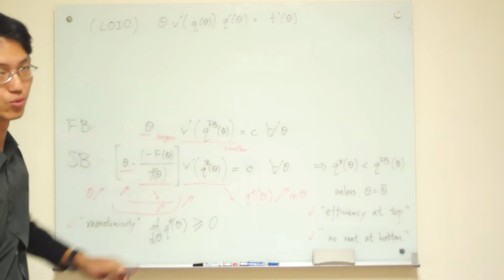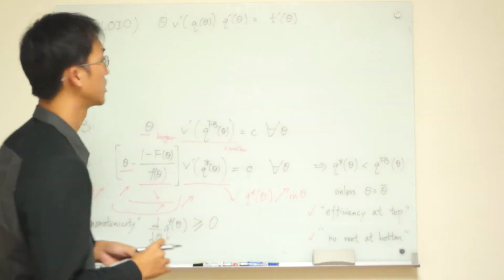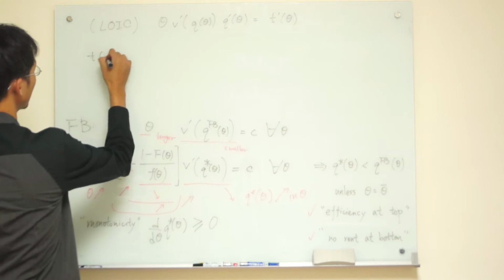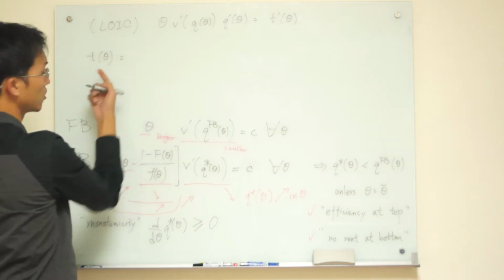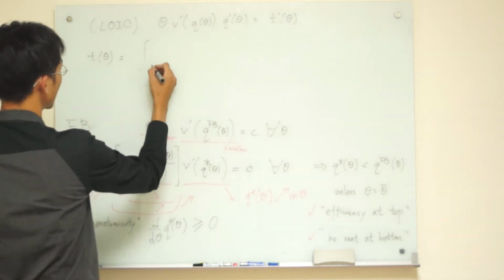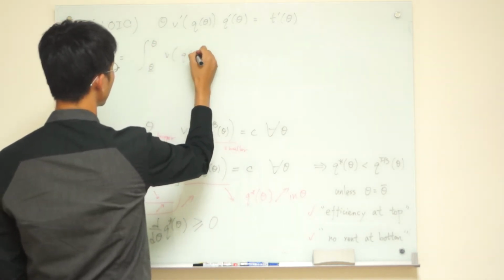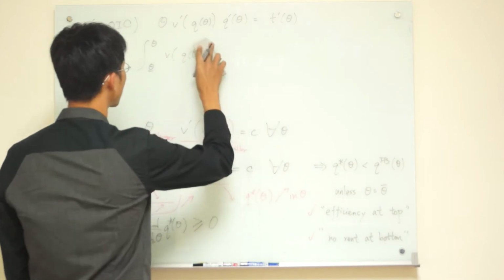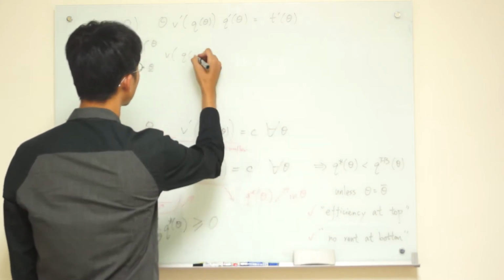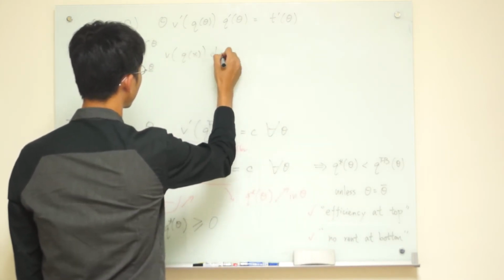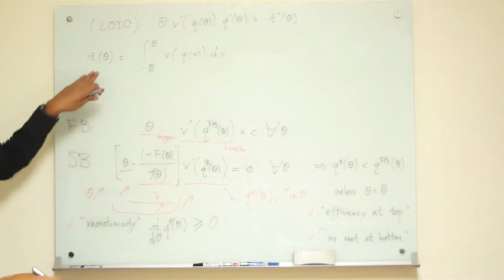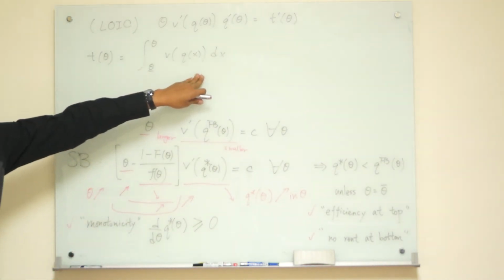Let's go back to how we express t as a function of q. We know t is determined in this way. Okay? T as a function of q.